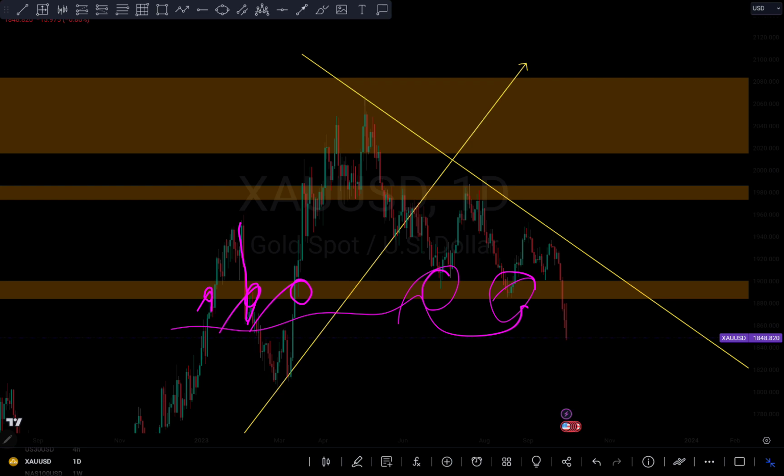So that's why you can't just draw a zone anywhere. You have to look for a certain zone that is solidified, meaning there are multiple rejections around that zone. It makes that zone strong, and that is how you can place a support and a resistance on that zone.